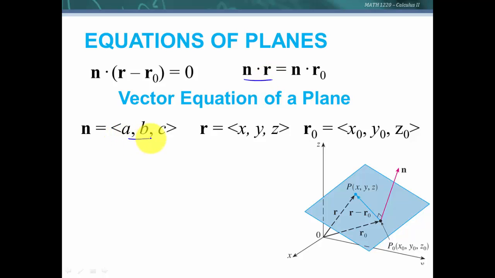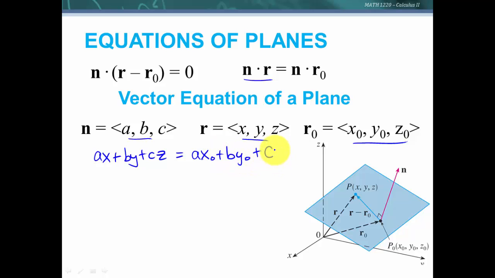So we're going to dot this vector with this vector. So that's going to be ax plus by plus cz, and that would then equal n dot r naught. So here's our n and here's our r naught. n is a, b, c dotted with x naught, y naught, z naught, so that's going to be a x naught plus b y naught plus c z naught.